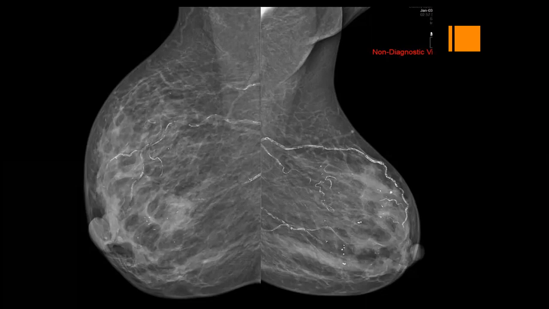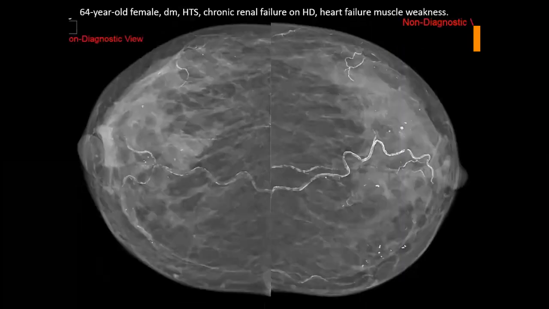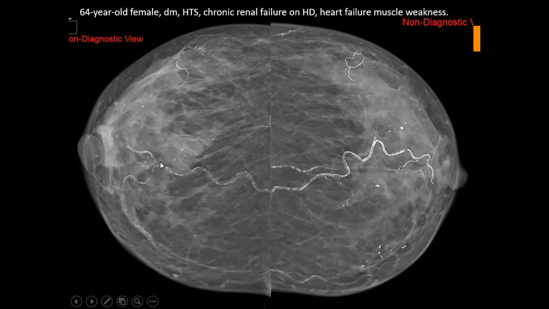I expected you to ask me about the CC view. The CC view, yes. Because the asymmetry was more appreciable in the CC view, that is why I hid it from you. Yes, it is more appreciable here. The calcification is more appreciable there, but the asymmetry is more seen here. What else? What other findings?